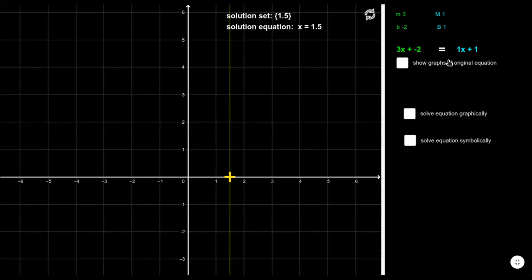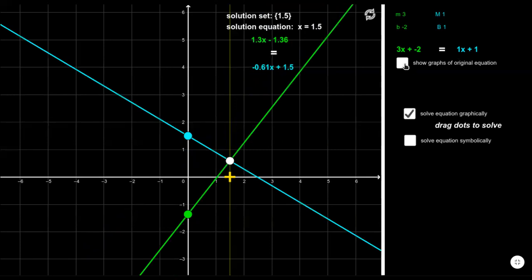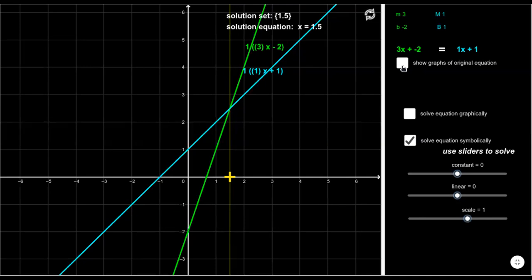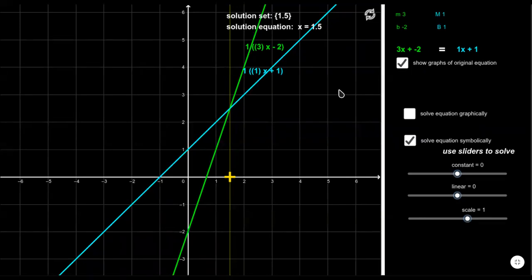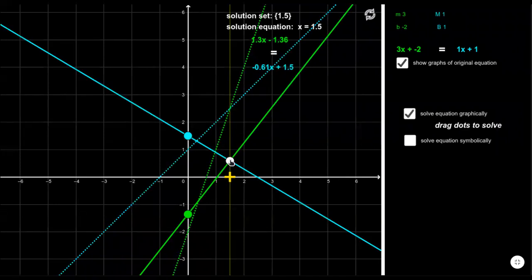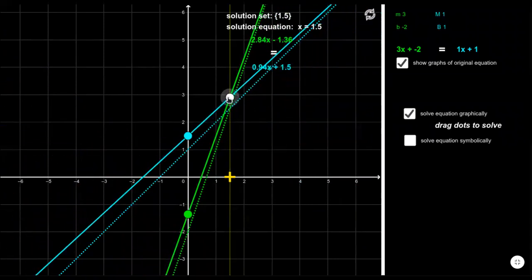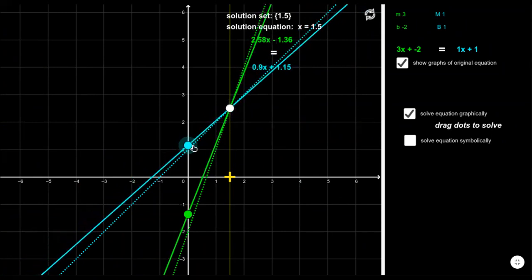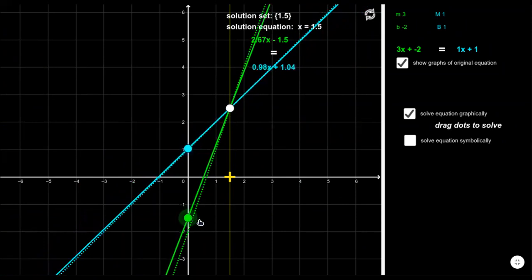So the 3x minus 2. So this dot, and this dot, these three dots we can use, and then we can make them coincide on that particular line, and then we get a solution of this where exactly these are coincident.